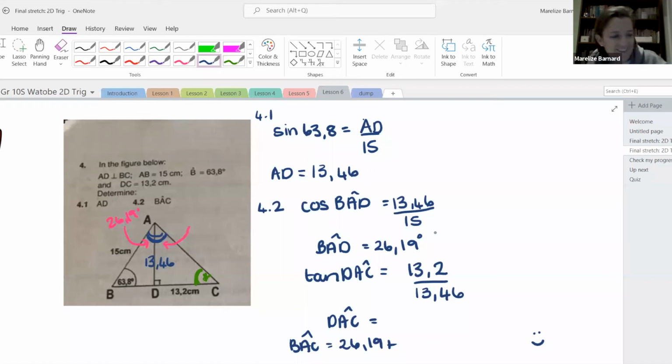Sorry about that. Let's do that again: 13.2 over 13.46. Shift tan. Yeah, I think that's better. 44,44 degrees. Opposite over adjacent.